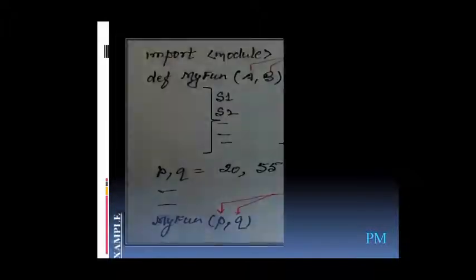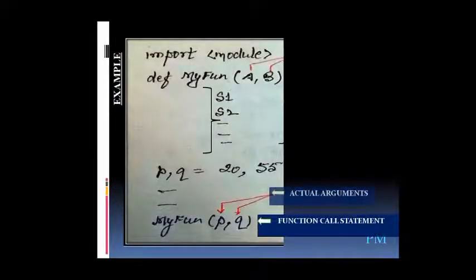Now we need to take an example to understand this. So this is an image. Here we can see different statements. Let's see one by one. At the last, the function has been called. There are two arguments, p and q. Both of these will be called actual arguments.